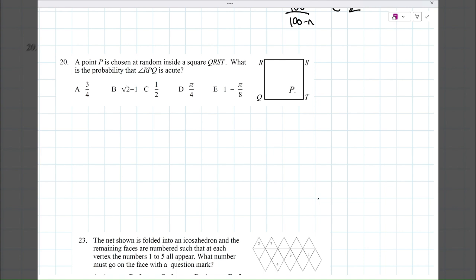So think to yourself, how could I draw a locus of points such that if P is on this locus, then angle P would be equal to 90 degrees, and think circle theorems. Once you've got that locus of points, you're essentially saying you want P to be inside that locus, i.e. closer to RQ.